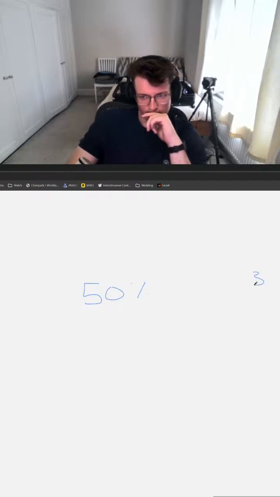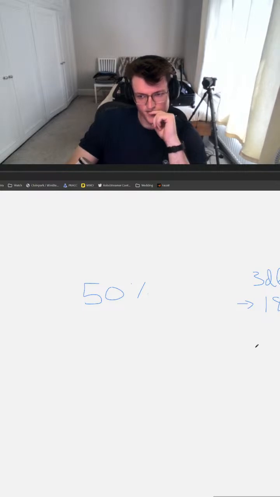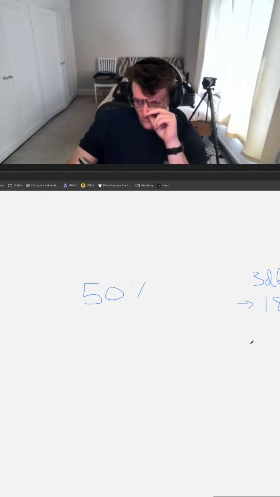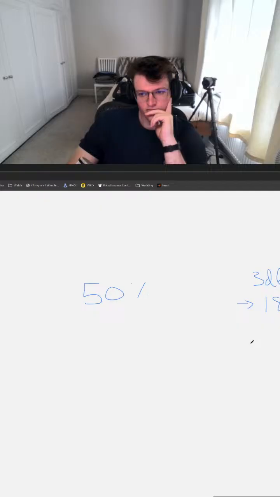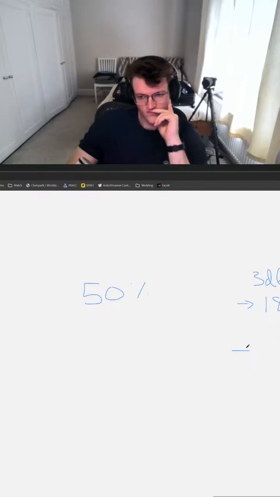So let's do some maths. If we have a 50% chance with 3d6, which gives us a total of 18 points, then we need at least a 9.